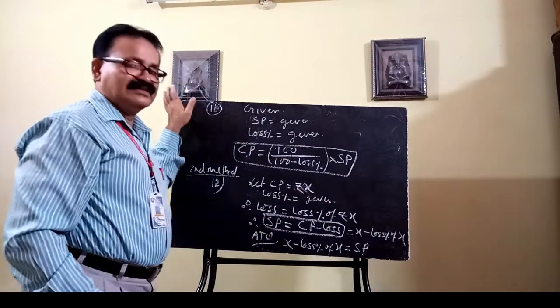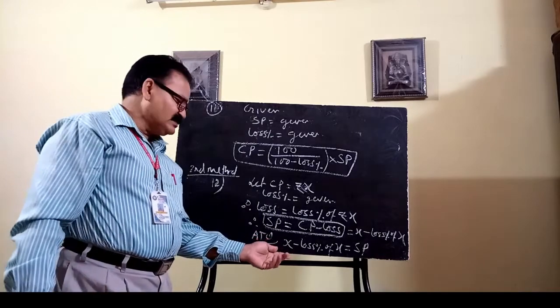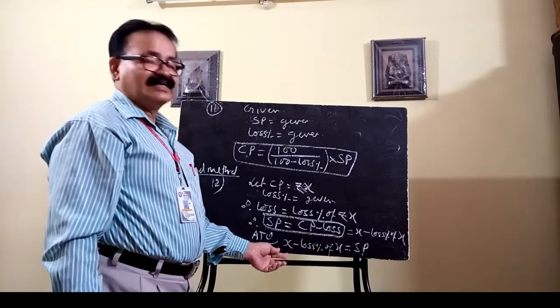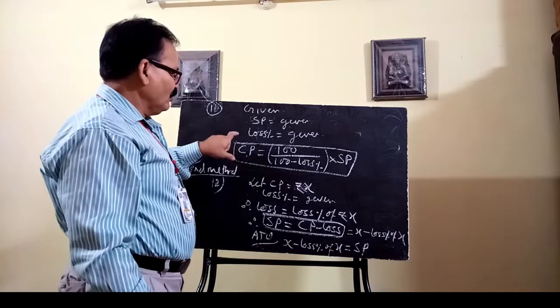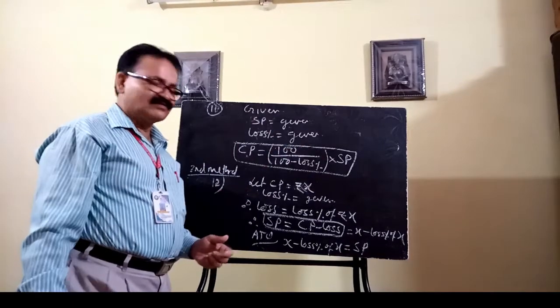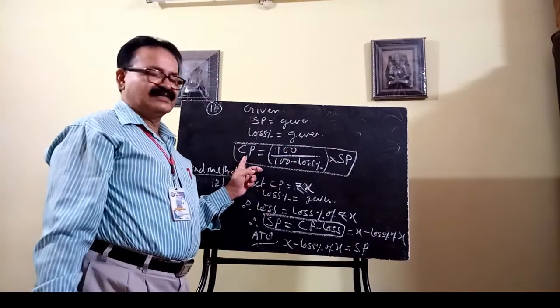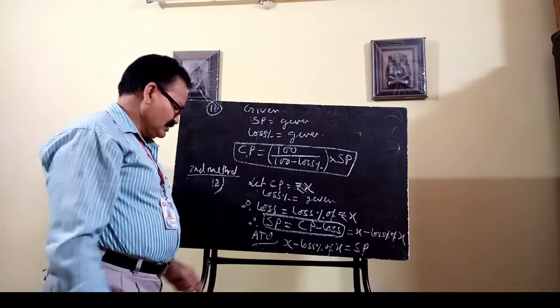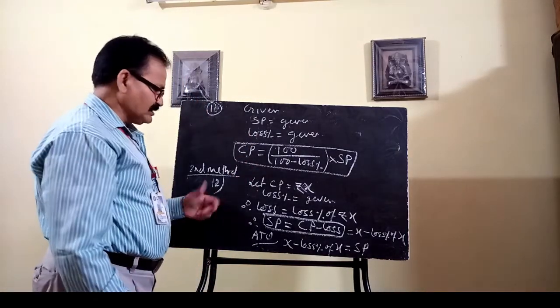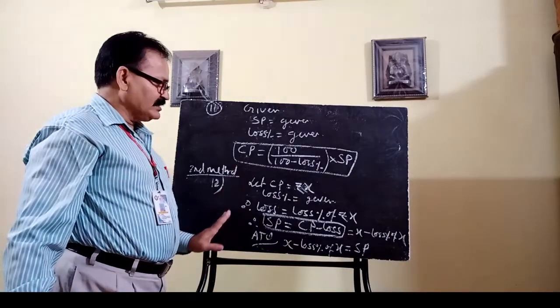Then you solve it by making an equation. So you will get the value of your x. That is the value of your CP. Or you can use directly this formula by which you can calculate the cost price for the shopkeeper. Okay. So this is also another type. This is formula 12. We have already written it in your copy.